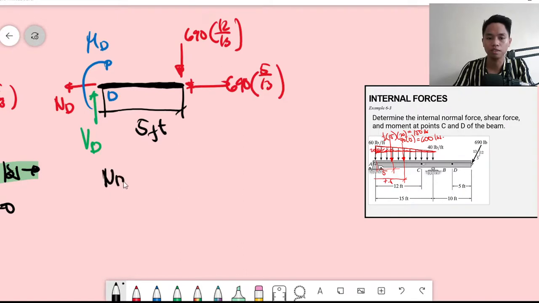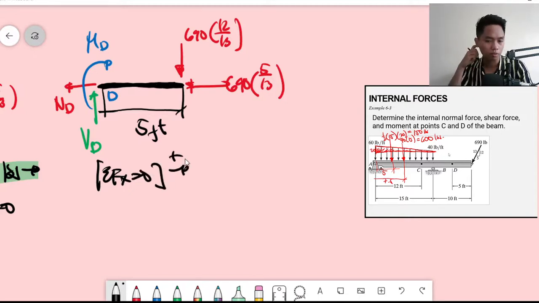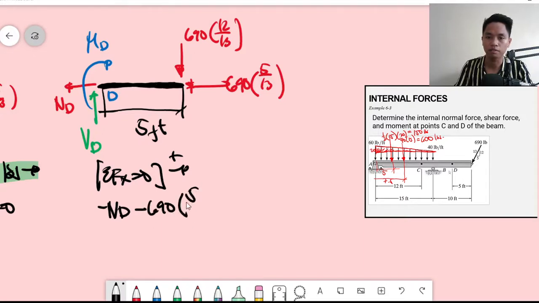Your normal force at D comes from summation of forces X equal to 0. To the right, forces are positive. So we have negative ND minus 690 multiplied by 5 over 13, equal to 0.